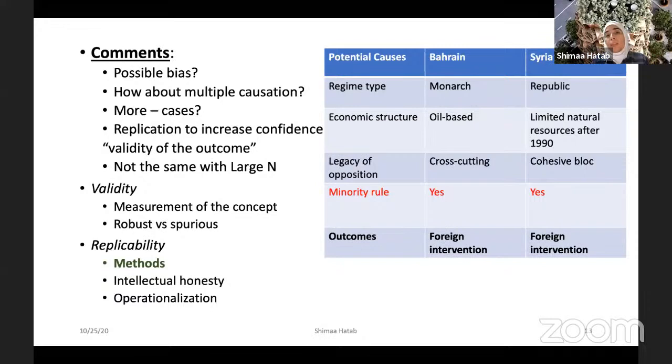But the same problem lies here: what about multiple causation? Can you think of other variables that would account for the different outcome? Perhaps it's minority rule and the composition of the military as well.